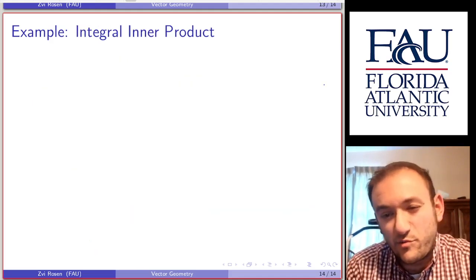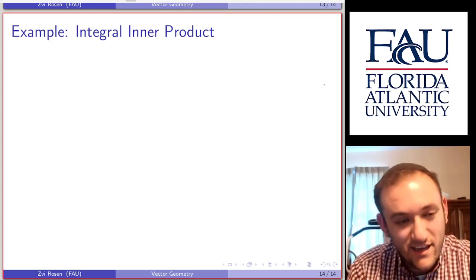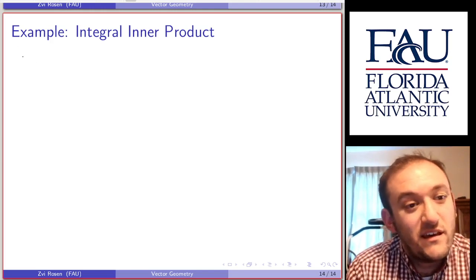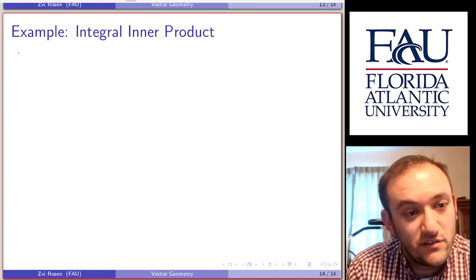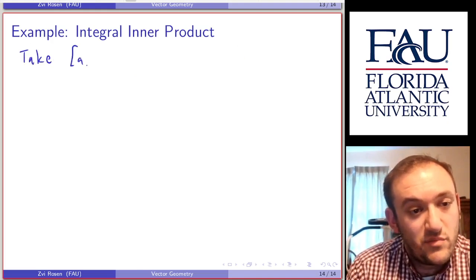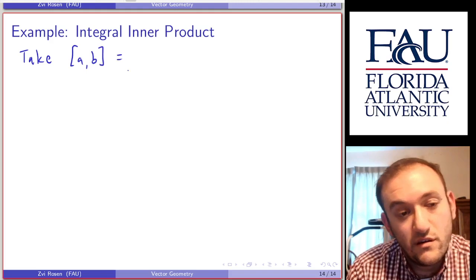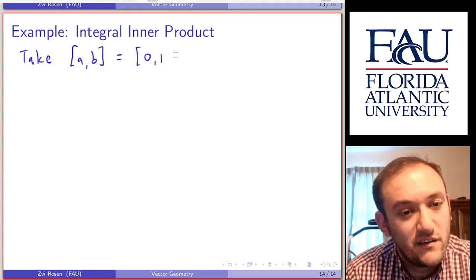How about an integral inner product? What would that even mean, to measure the angle between two functions? So let's see what that would be like. Let's look at the interval a, b equal to 0, 1. Or let's make it simpler.